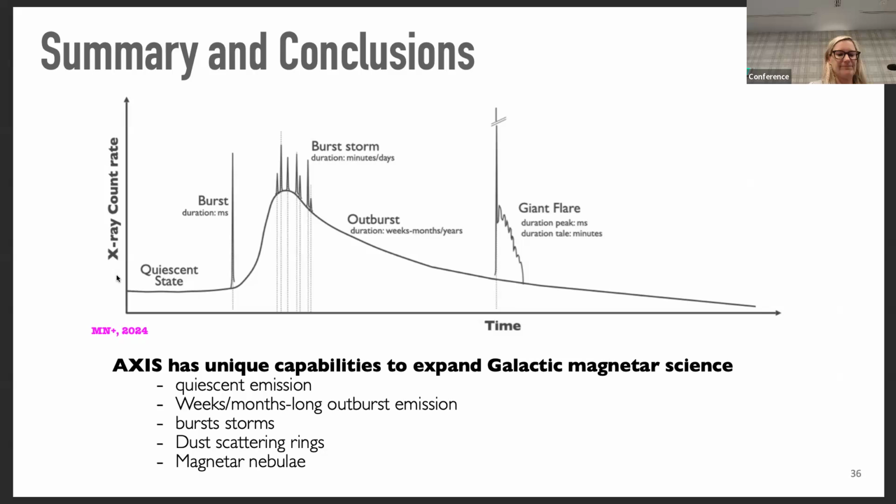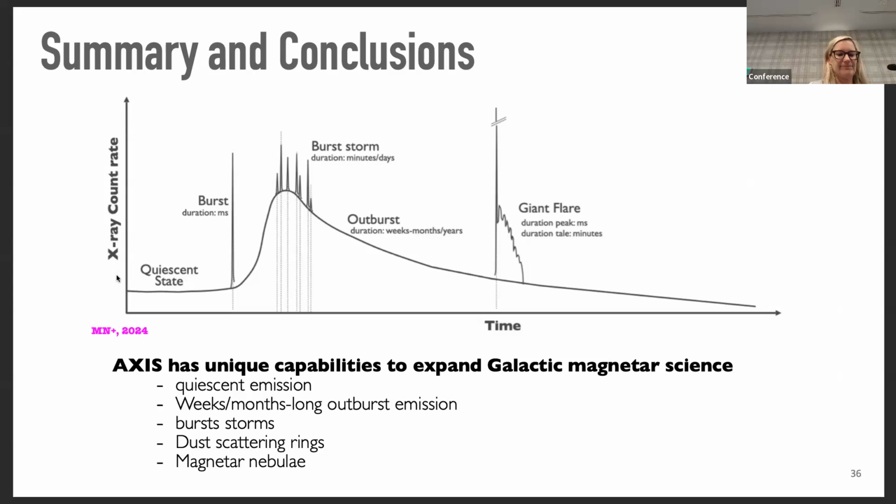The outburst, week-long emission is interesting for ultimately understanding the equation of state of magnetars. Burst storms are very interesting, and you can repoint when, for example, an FRB is detected, and stare for, I don't know, an hour or so, in case this happened.